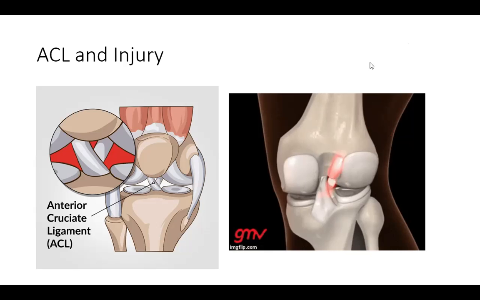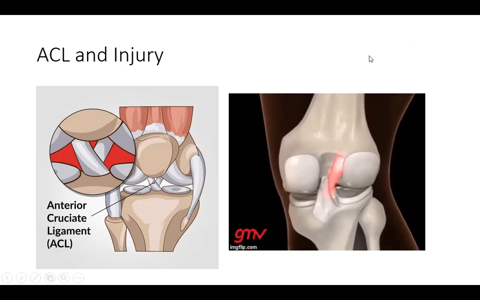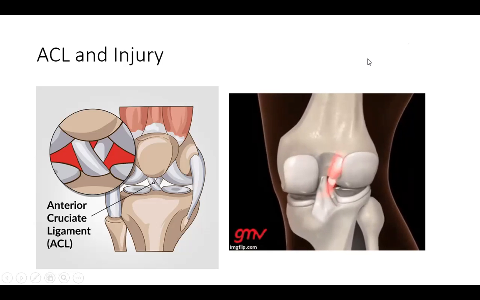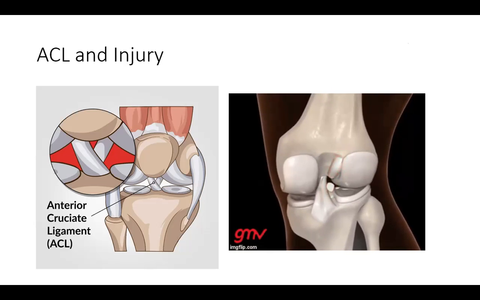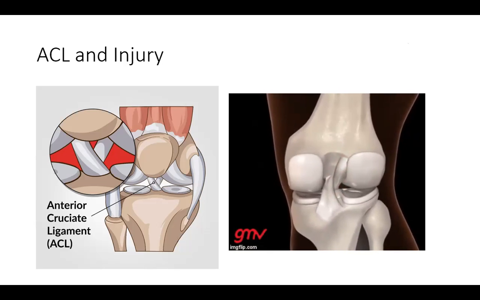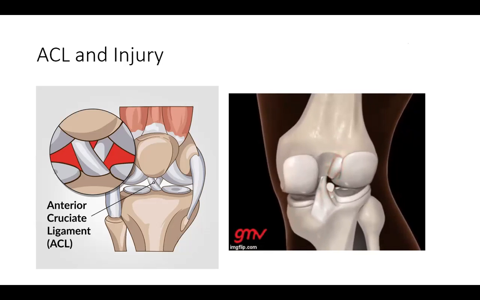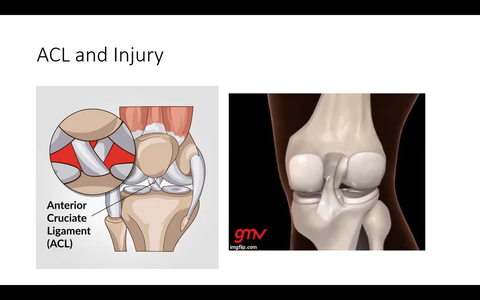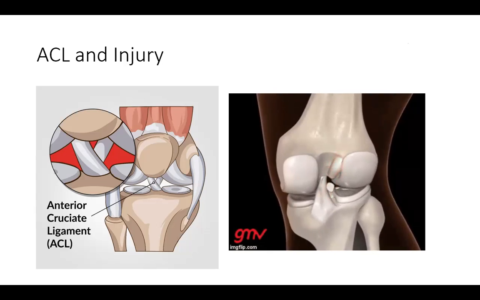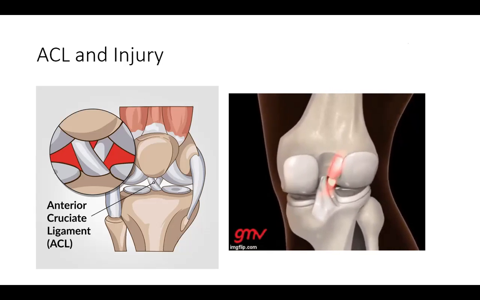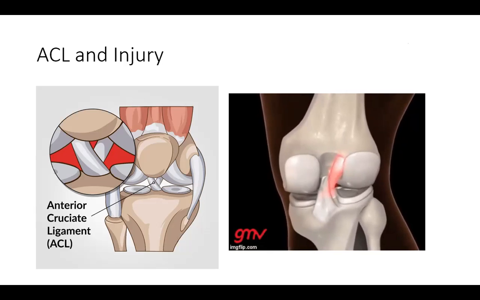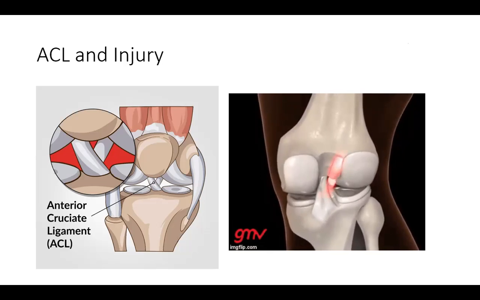Now, you can see here's where we tear. The ACL is frequently torn in that area where the two ligaments cross over. As you can see, the area that's highlighted in red is attaching to the medial side of the lateral condyle, and that seems to be where the greatest stress is on the ACL.